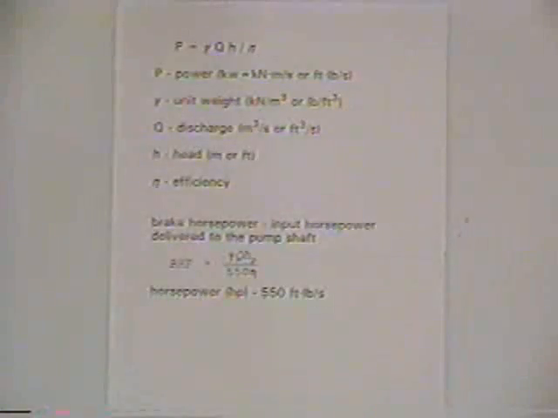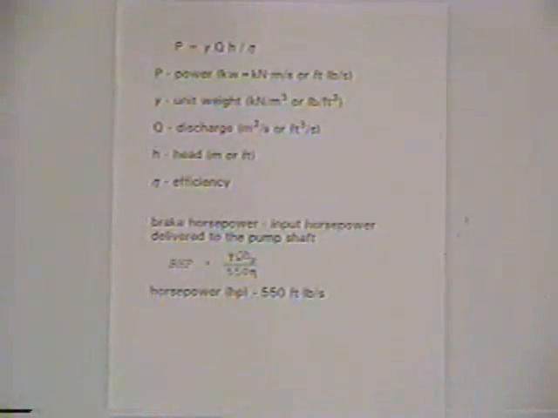I did leave out a term earlier. We just wrote the power equation, but when we're talking about pumps or turbines, hydraulic machinery that we deal with in fluid mechanics, in which we're converting between electrical and hydraulic energy, there's never a perfect conversion. There's always an efficiency involved. And I've written the power equation here in terms of pumps now.